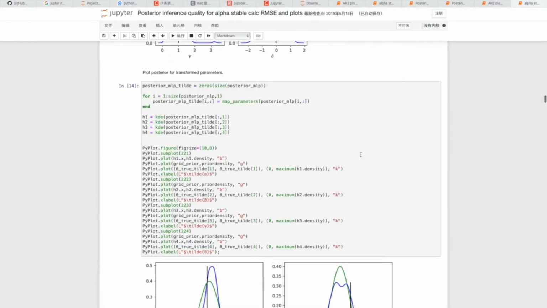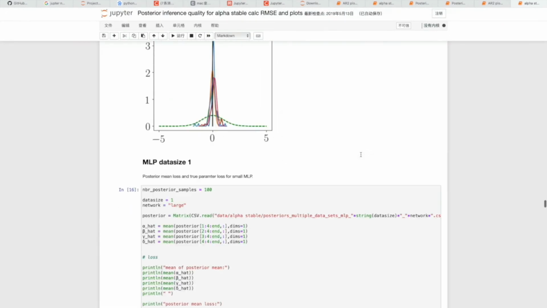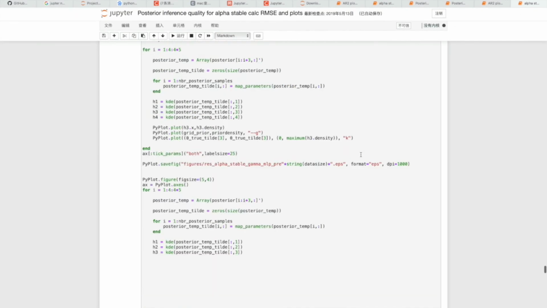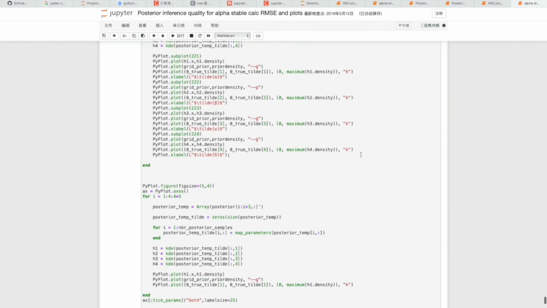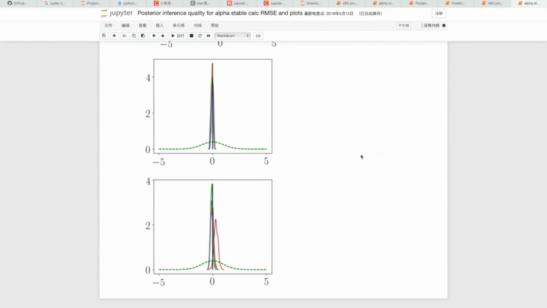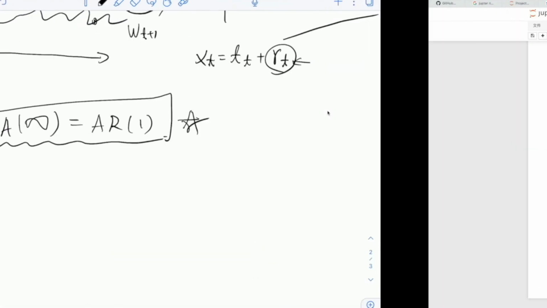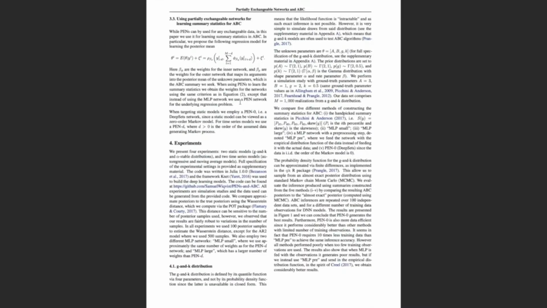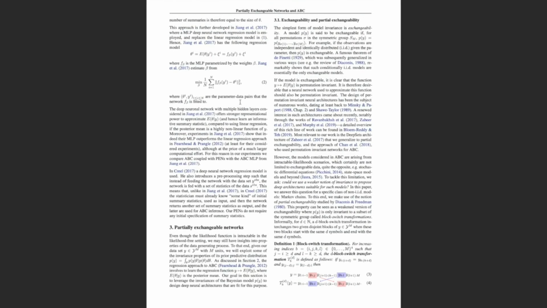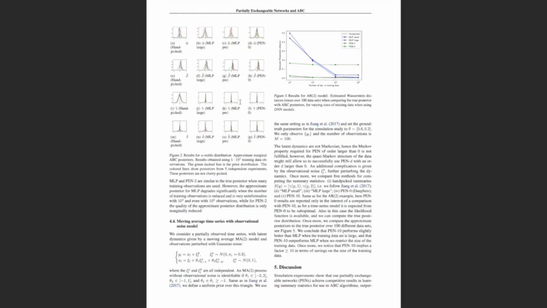Yes, similar things, those kinds of big graphs. They're using this alpha distribution, and this is beta, gamma, and theta.